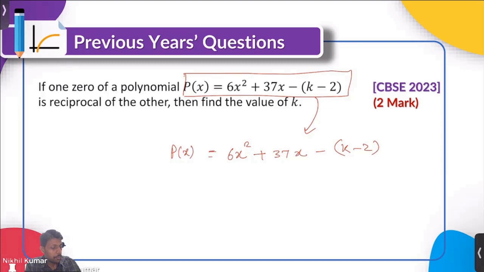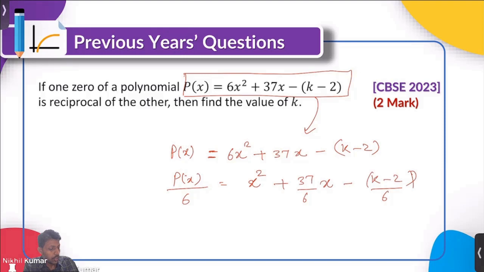Let me divide p of x by 6, so that the coefficient of x square becomes 1. So 37 upon 6 x minus k minus 2 upon 6. So this is what I get. You can call this another polynomial q of x, no problem.